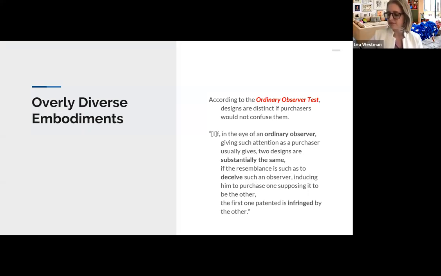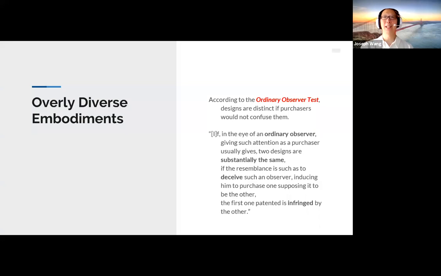The dividing line between different designs and same design is the ordinary observer test. So it's actually fairly dangerous to state that designs are related to each other if they're not the same design, and it may have IDS implications in your prosecution, but that may be beyond the scope of the top tips that we're presenting here.